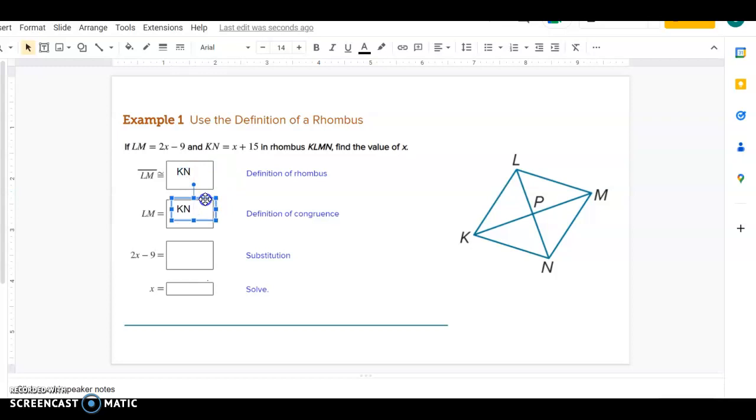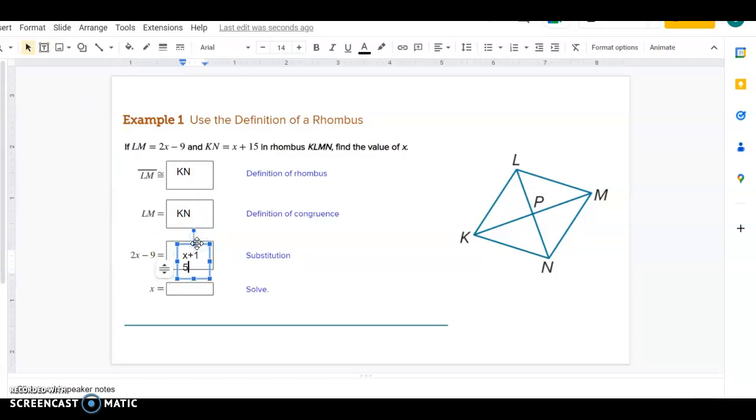So now I can use the expressions. LM is 2x minus 9. KN is x plus 15. So now I'm going to go through and solve. I'm going to write this over here so I have more room. So I have 2x minus 9 equals x plus 15.